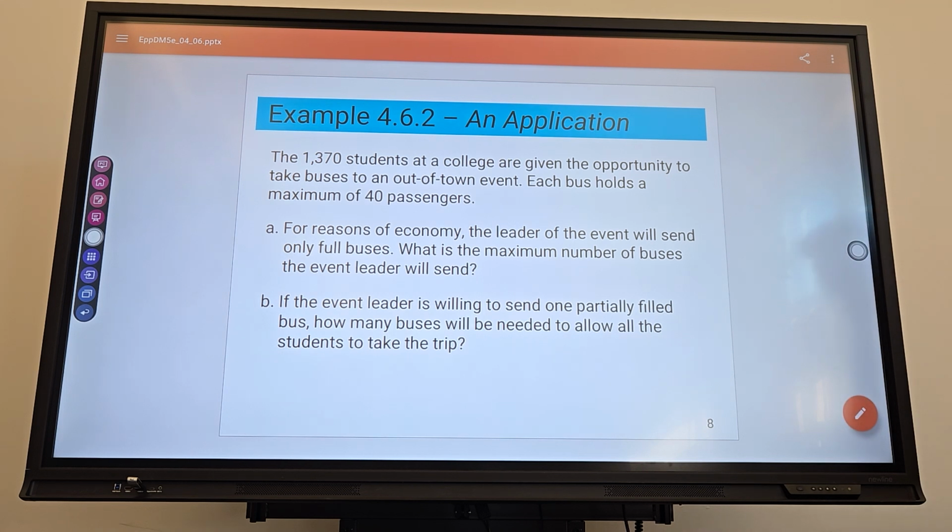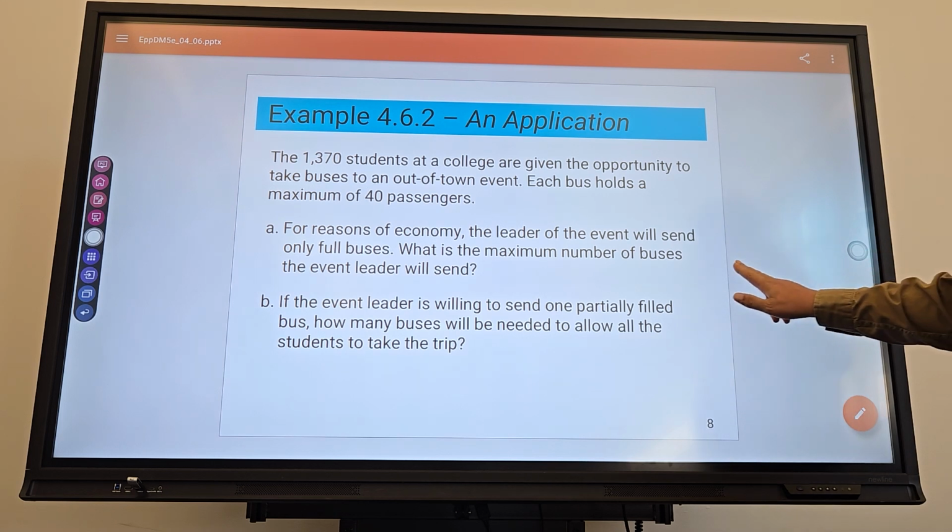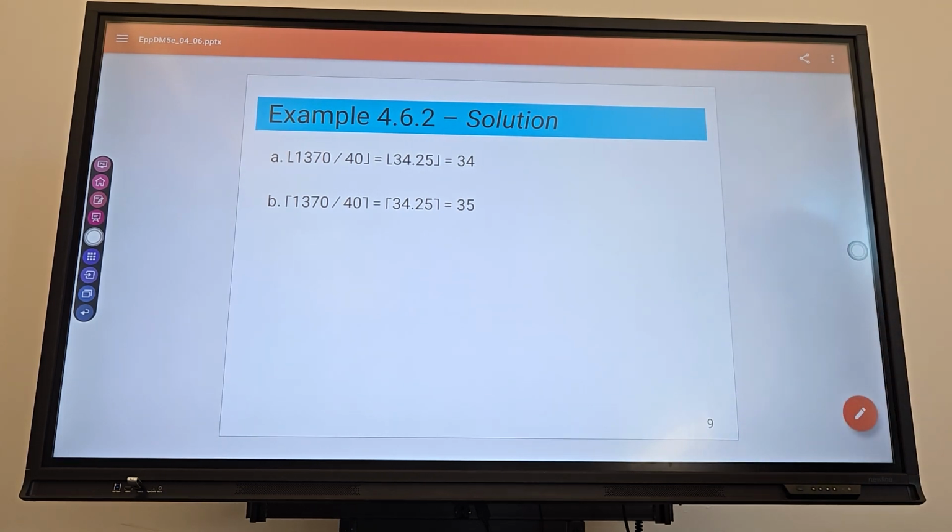So how many full buses would there be? 34. Now, if they wanted to send all the students, how many would they need? 35. One more than that, because 1370 divided by 40 is 34.25, the floor value being 34, ceiling value being 35.